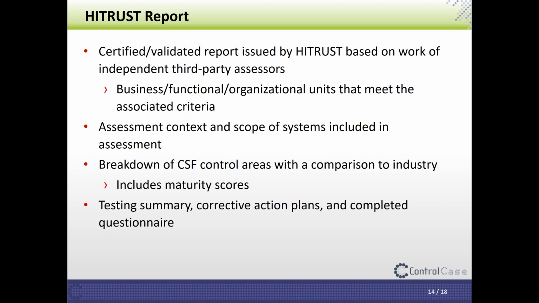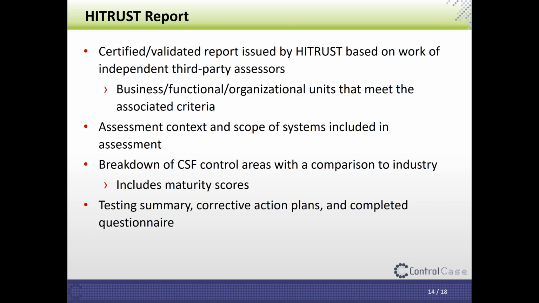For the companies that do choose or have to get audited by an independent third-party assessor like ControlCase, the end result of an audit is a validated or a certified report that is issued in conjunction with HITRUST. So we, as the auditors, will work with the company to audit them, and then submit our findings to HITRUST, who does a great job going through it and ensuring that the audit has met a high level of standard to certify or to validate a company to the HITRUST standard.